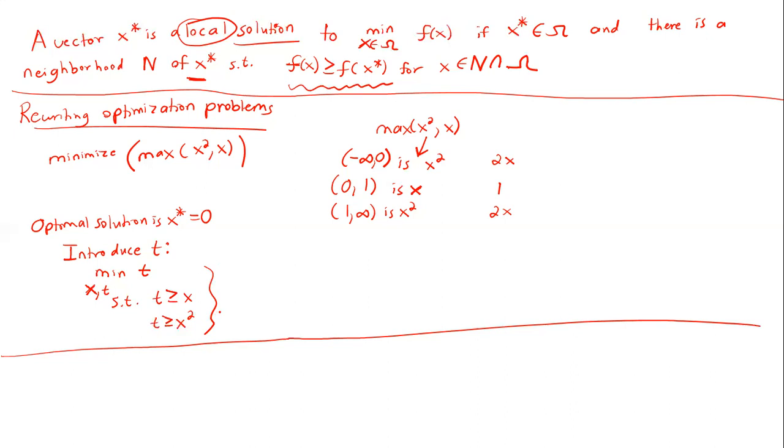Getting the same optimal values of the decision variables, so getting the same solution of the optimization problem, is often nice, because then you just go back to your original problem, and if you want to know the value of the objective function at that optimal solution, all you have to do is plug in x star into the objective function of the original problem, and you'll know what the optimal value of your original objective function is. It's really the values of these decision variables that often are what's desired.